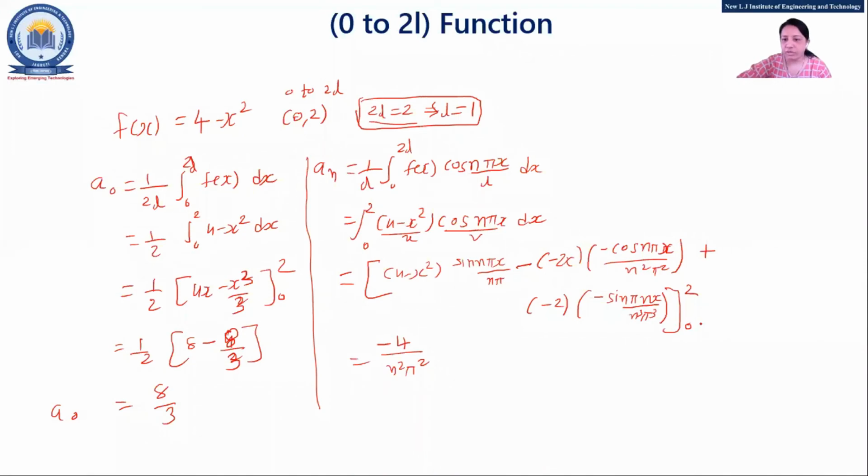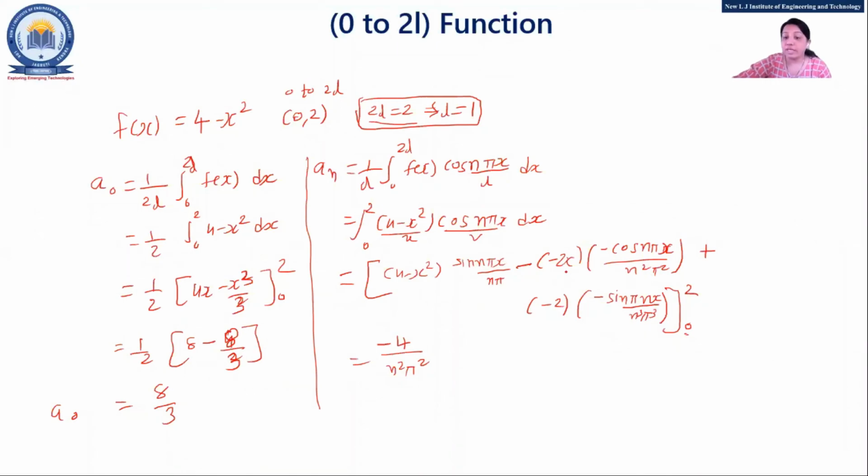And what about the lower limit? For the lower limit, the first term is 0. The second term is also 0, because it is multiplied by 2x, which is 0. At that time you can make a mistake. Cos 0 is 1, so by mistake you may take 1 upon n square pi square.